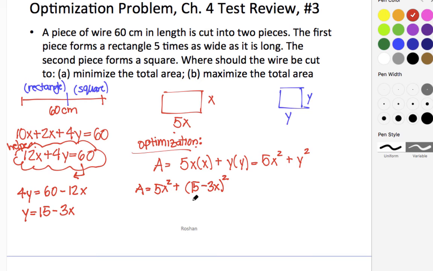Again, I'm going to simplify before taking a derivative here. Your choice. You could have done a chain rule there if you didn't want to, but I'd rather just FOIL. Minus 90x plus 9x squared. So my area equation, I have 5x squared plus 9x squared, which is 14x squared minus 90x plus 225.